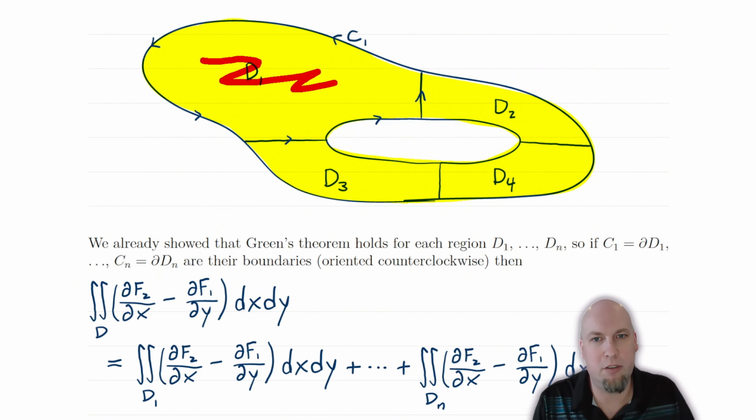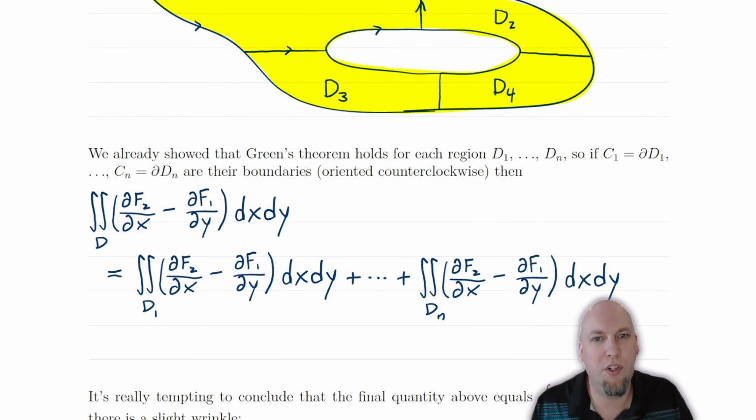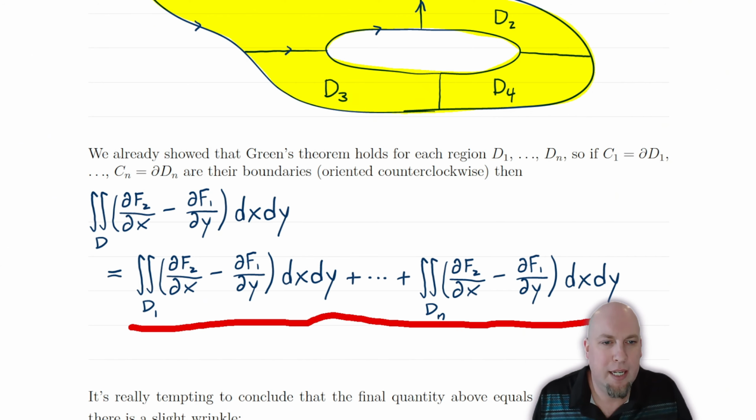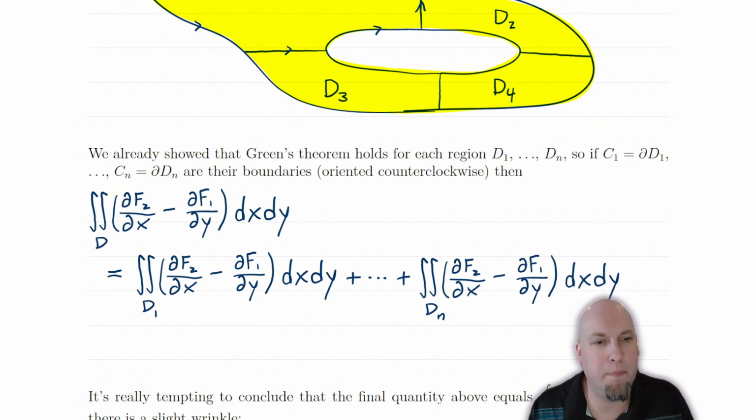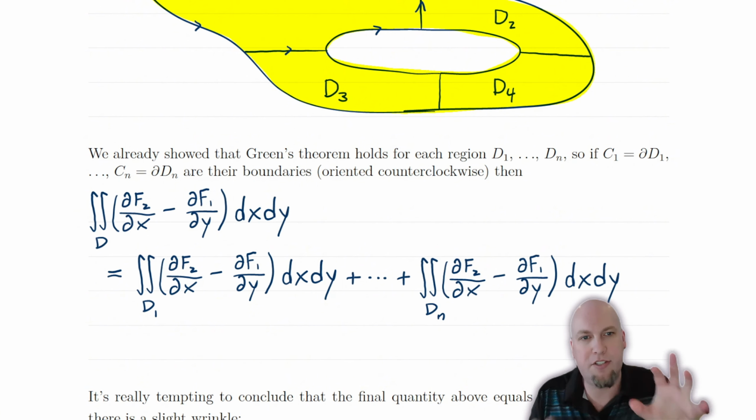It's going to be the double integral over the first region, plus the double integral over the second region, plus the third region, and then the fourth region, and so on. And in general, if there are n regions, then the double integral over the whole thing is just the sum of n double integrals, one for each of the pieces that you split the whole thing into.